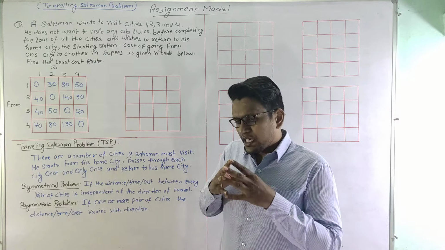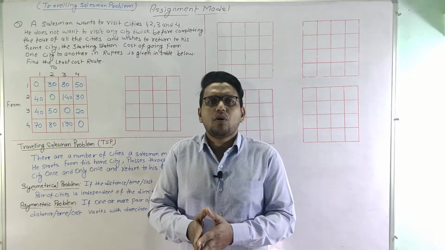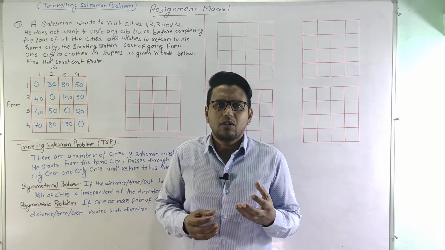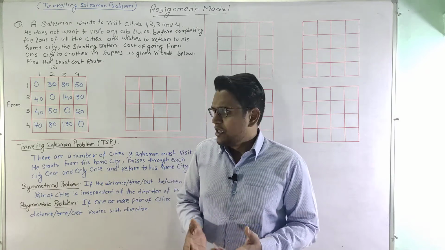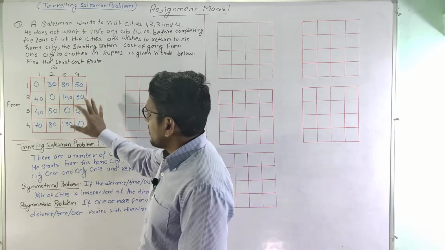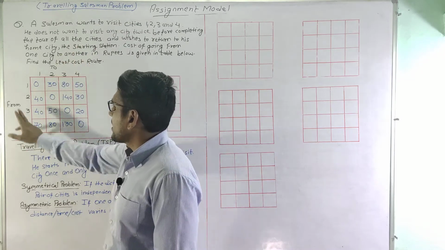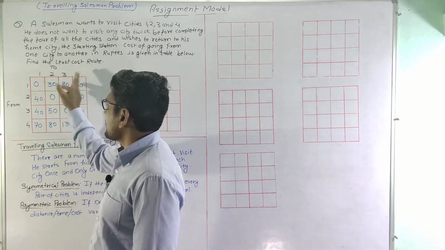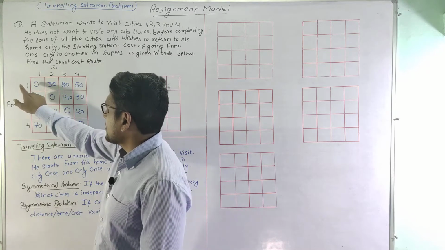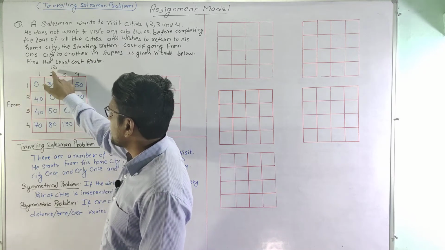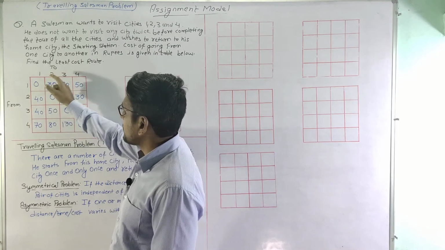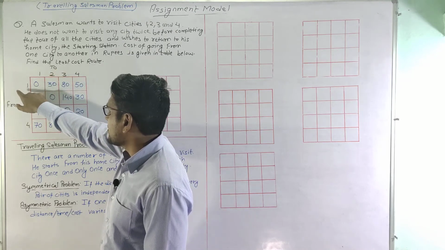If the time, distance or cost does not depend on the direction of travel, then it is called a symmetrical matrix. As we can see in this particular problem, there are 4 cities and the distance, time or cost from one city to another is the same for the return journey.